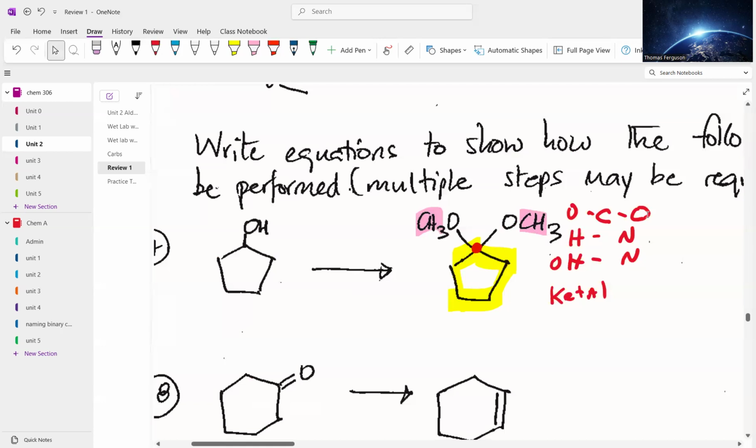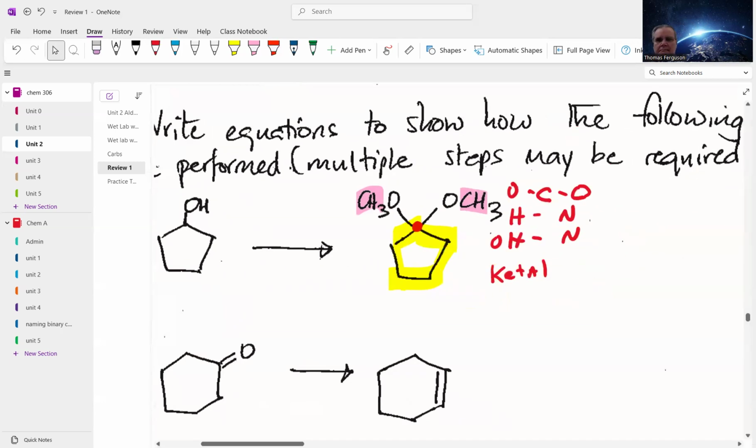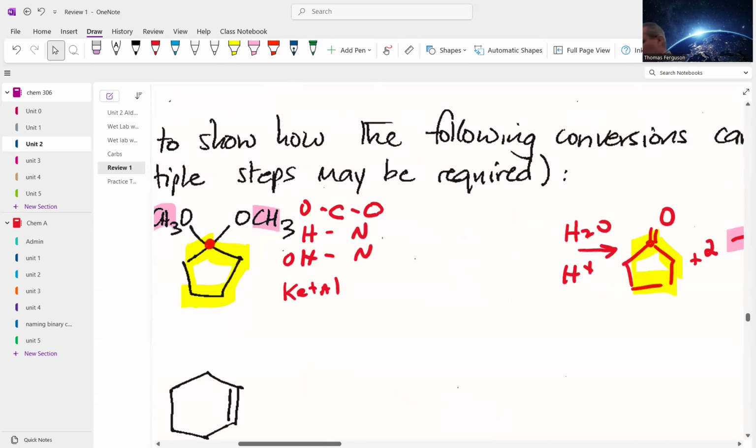How do we get to a ketone from an alcohol? What makes a ketone? We oxidize a secondary alcohol.